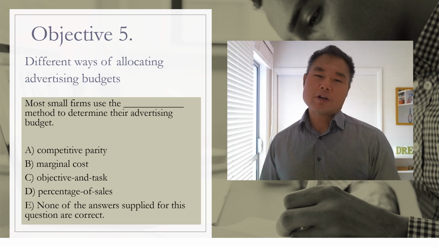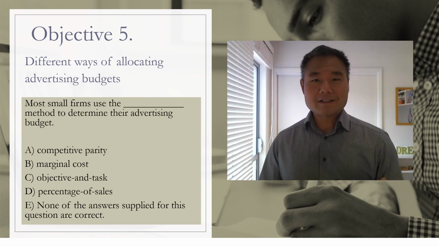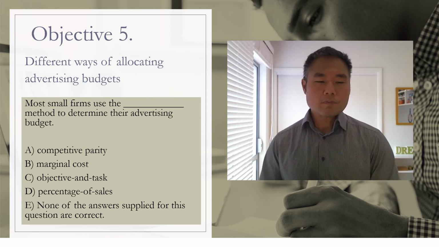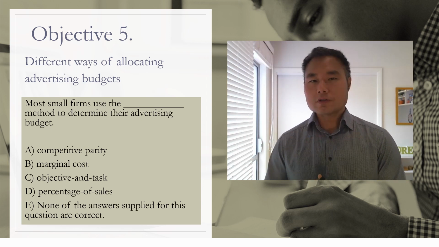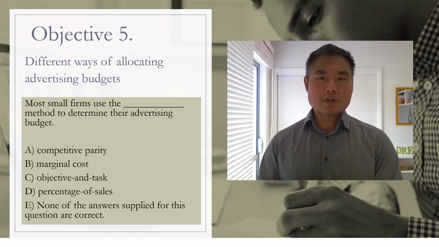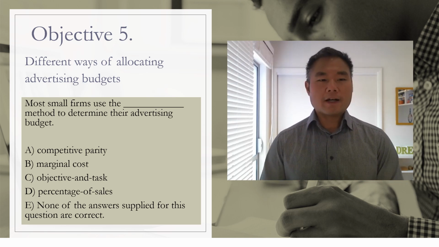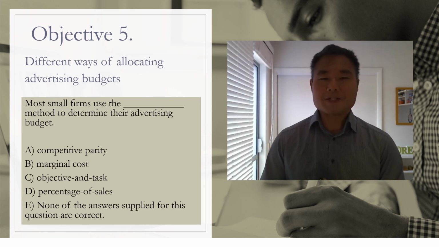So the competitive parity method, while easy and easily defensible, is not particularly logical. The second choice is marginal cost. So for those of you that have access to the textbook, you'll know that that is just a red herring. That's not an actual option. So we'll move on to the third option, which is objective and task.